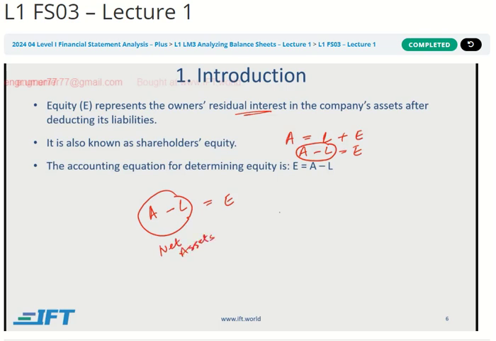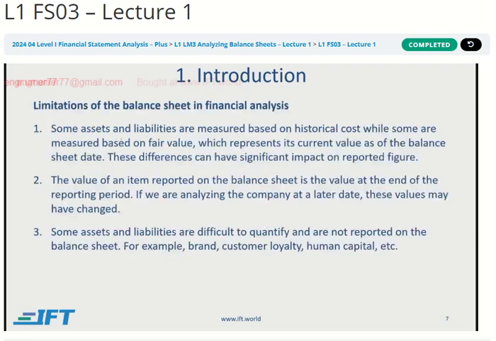This is the residual interest: you take the assets, you pay off all the liabilities, and what is remaining is the residual interest in the company, which is owned by the owners, the shareholders, and this is known as the shareholders' equity.